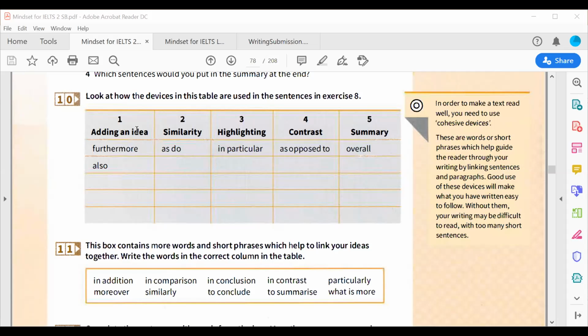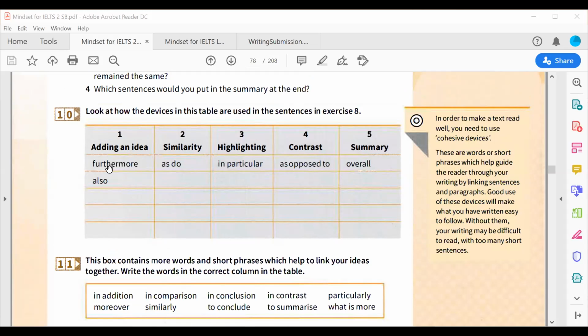The 10th one says, look at how the devices in this table are used in the sentences in exercise 8. So these are some, for example, when writing, adding an idea: furthermore, also, and for similarity, as do; highlighting: in particular; and all of these, like in contrast, as opposed to. For summary, we use overall.